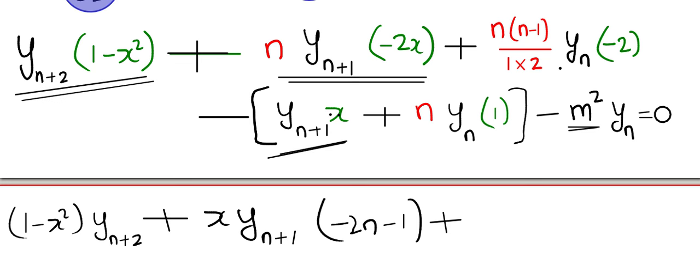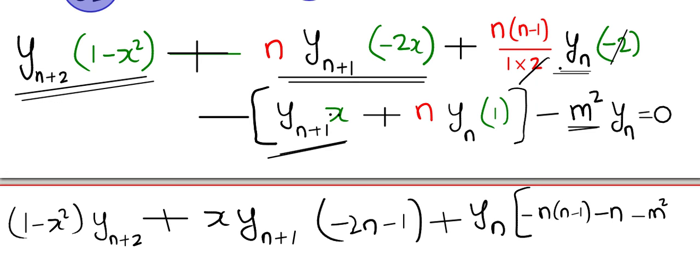Now the last term, that is yn, 2 cancels, so yn minus is there, n minus 1, minus is there, minus is there. Lot of negative quantities, so we have to be extra careful.